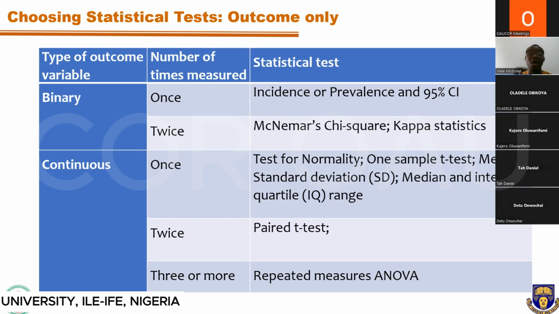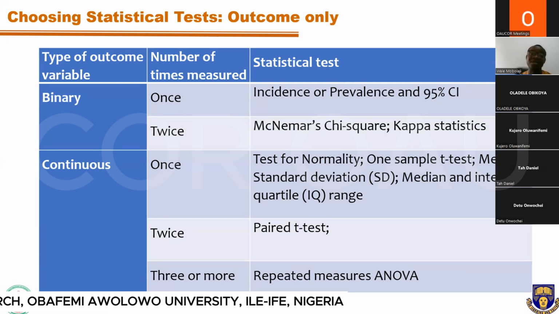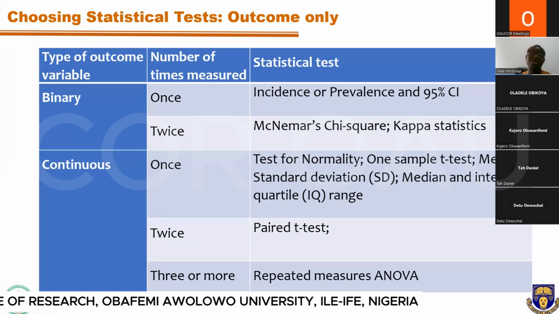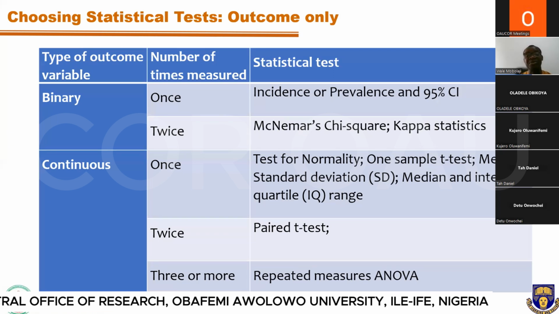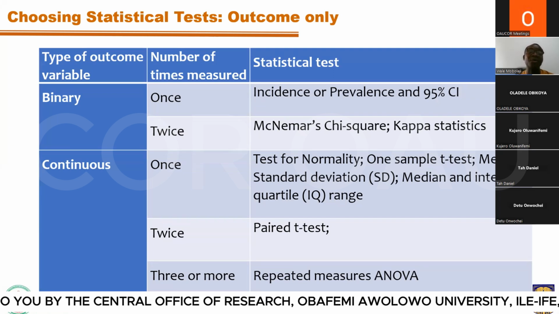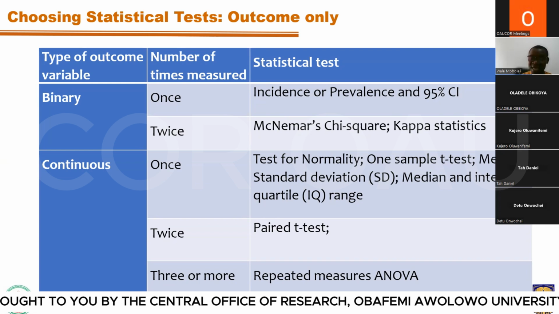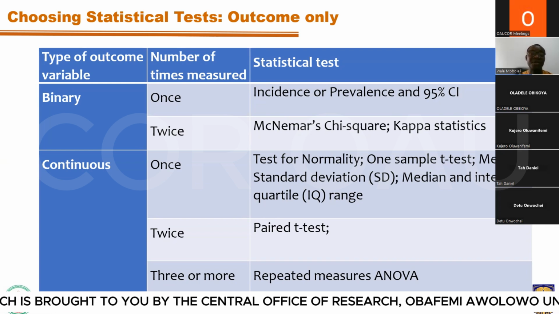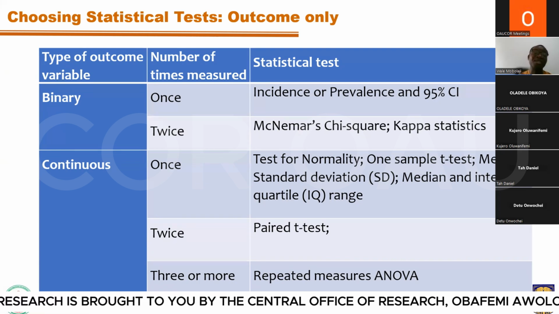So it's yes or no. I'm just using that as an example. In real research, you might not be able to measure it that way. You might have to consider other things before you finalize how that variable will look. So yes or no, whether you use healthcare services or not, and it is measured once.